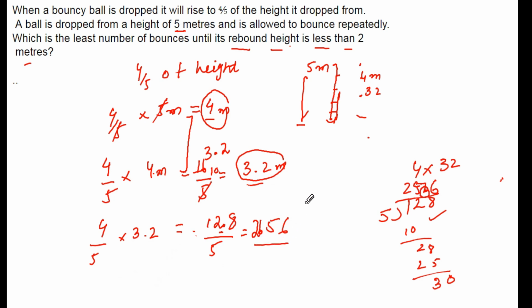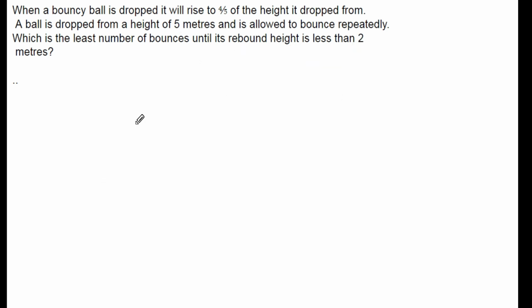Okay. Now what do we need to do? Still we have a number greater than 2. We need to find it until we get a number which is less than 2. It means now the next rise will be equal to 4/5 of 2.56. Now the next height is 2.56. Look at this, it cannot be divided by this number or this number.